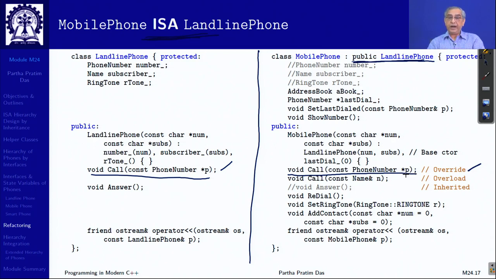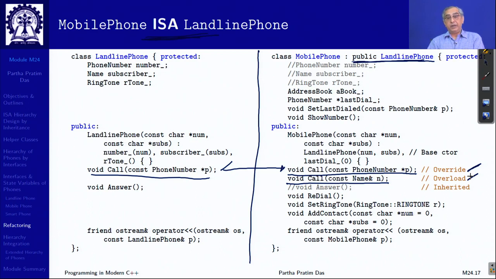So, I have provided the interface, provided the signature once again, and in other words, I am just connecting them by overriding this call function by this call function. I also observe that mobile phone has another mechanism to call, which my landline phone does not have. So, I have to retain that call function, which means that I am basically overloading.